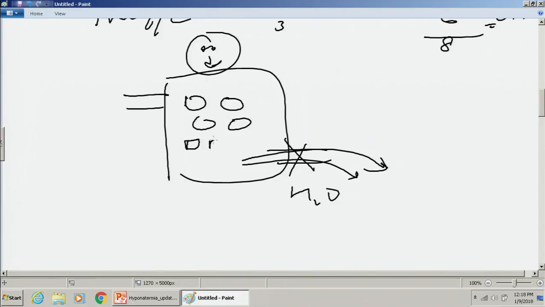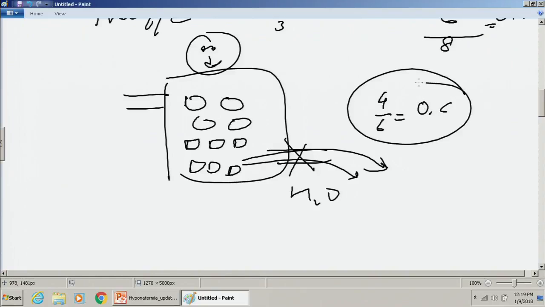The water was normal, but because he's not able to get rid of water, there's a relative excess of water in the body, so my new sodium concentration is again 4 divided by 6. So I gave this guy hyponatremia again. And why is he not able to get rid of free water? We'll talk about ADH in a few minutes. But so far, I'm hoping that this whole volume thing is making sense. Good? Okay. Moving forward? Okay.